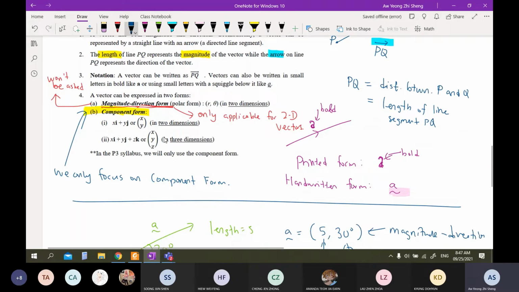So in component form, for 2D vectors, I think everyone has seen it before. It can be written as a number times i plus a number times j, where i and j are known as standard unit vectors.